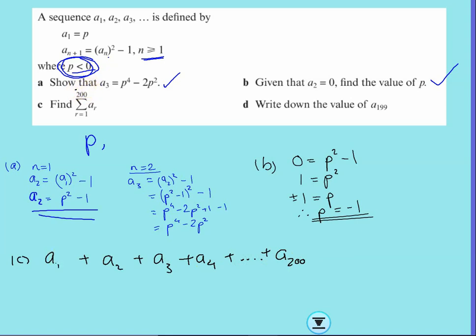So A1, well, we know that is p, and we know p is minus 1. Put that in brackets, it's a negative number. A2, we know that is p squared minus 1. So minus 1 squared is 1, take away 1 is 0. So the third term, we've also got that.